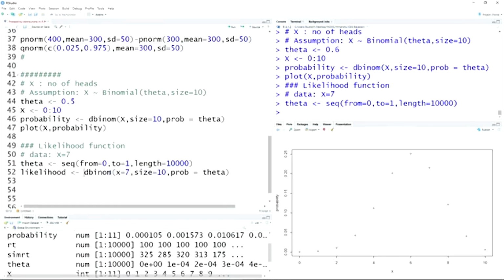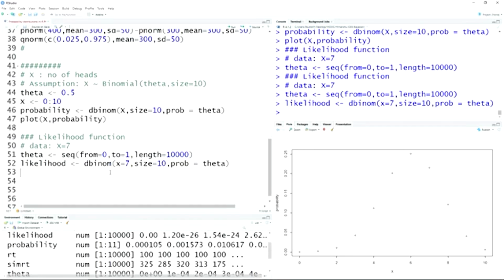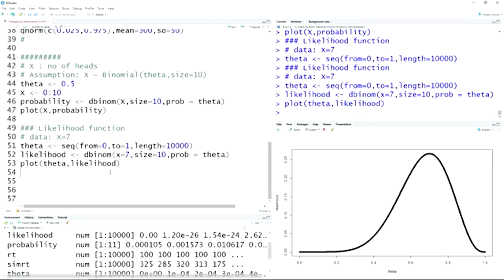So I will get a vector of likelihoods corresponding to each value of theta. Now I can plot a graph between theta and its corresponding likelihood. This is what I get. See, this is actually the graph of the likelihood function. Okay, this is the likelihood function.